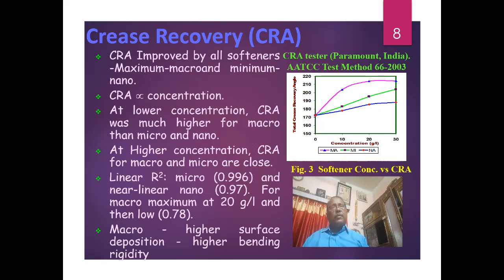That's why the correlation coefficient between concentration and crease recovery angle was poor in case of macro, and it was only 0.78. Macro has higher surface deposition and higher bending rigidity as compared to the two other softeners. The figure 3 shows the effect of concentration versus crease recovery angle of all three softeners at all three concentrations.